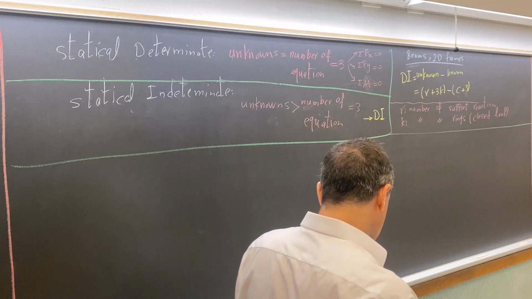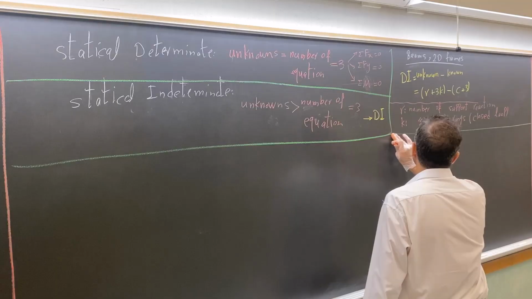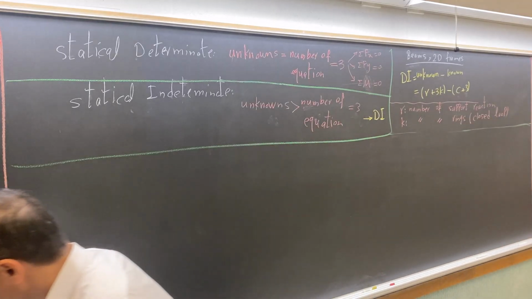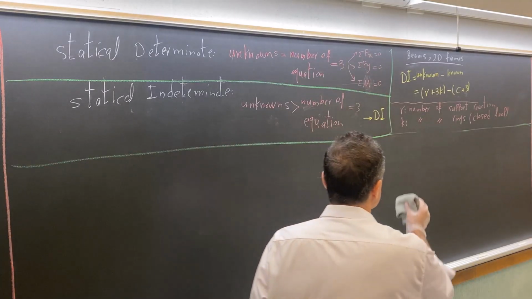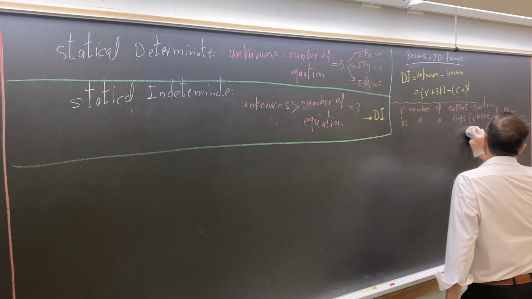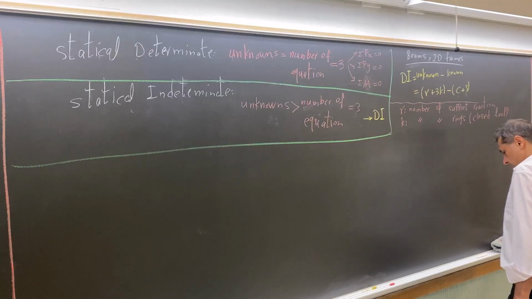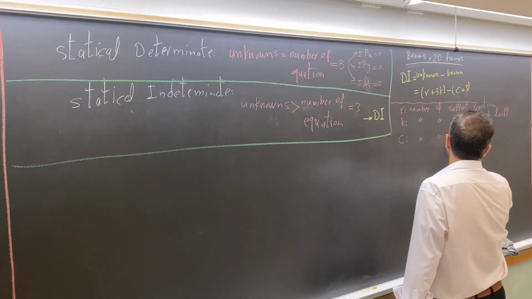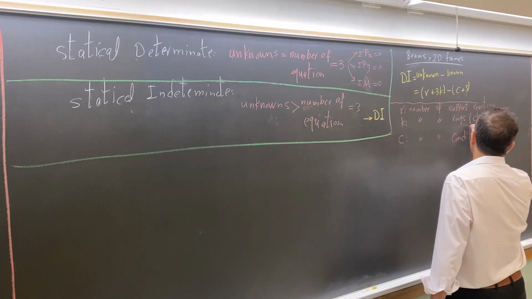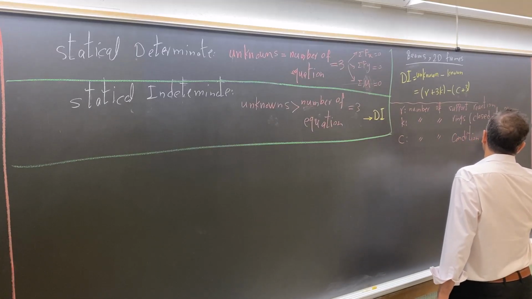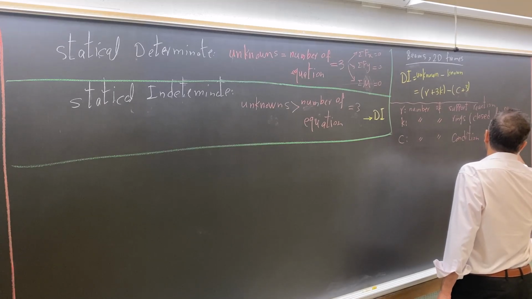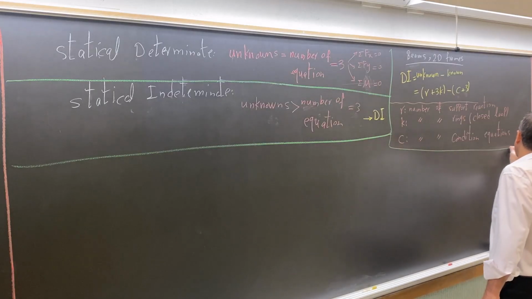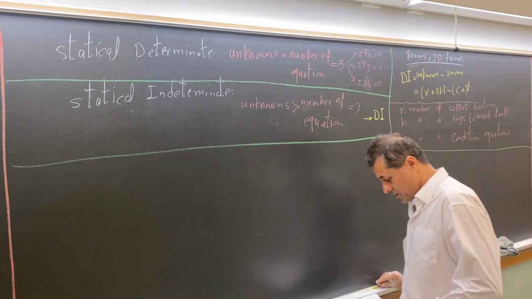And C is the number of condition equations. So don't worry about these parameters because we are going to discuss all of them.